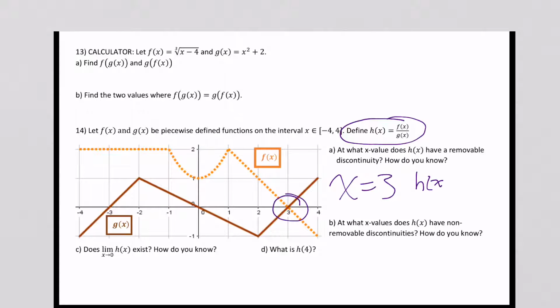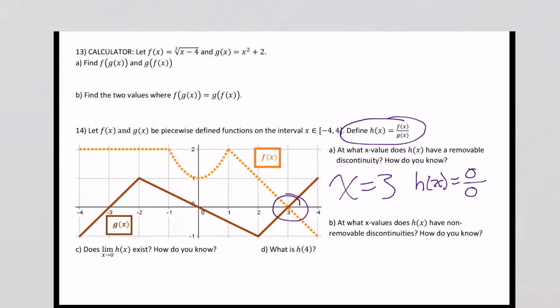So h of x would equal 0 over 0 at the x value of 3. And hopefully we know that 0 over 0 means we have indeterminate form, which means we have a hole. And a hole is just a layman's term for a removable discontinuity.